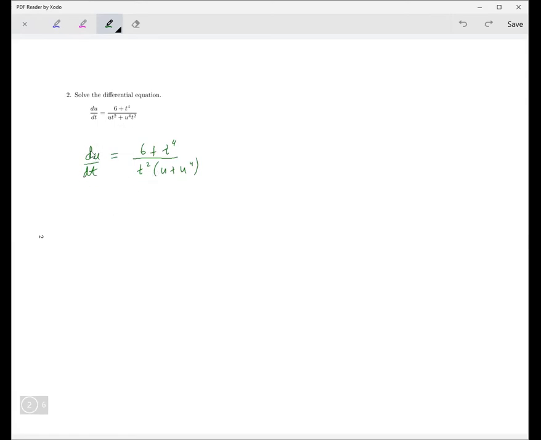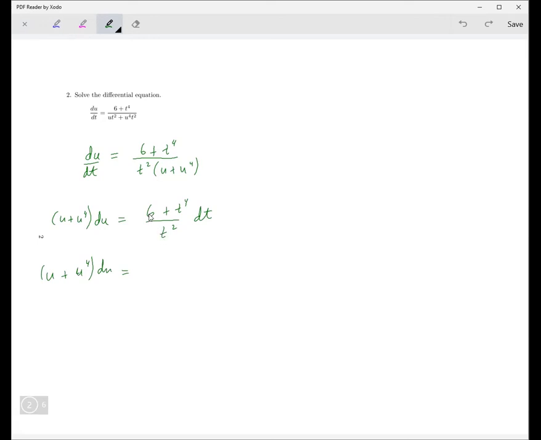Now you treat this as a fraction, and get all the u's over here and all the t's over here. So this comes over here to the numerator, and over here we're left with this. Now let's put the right-hand side into a better form that we can integrate.